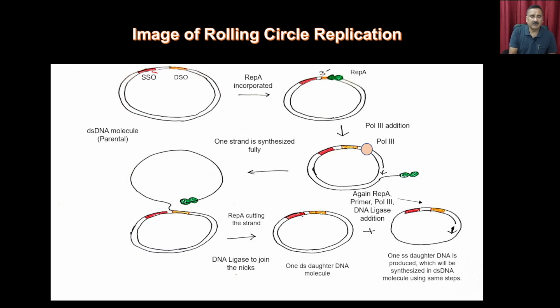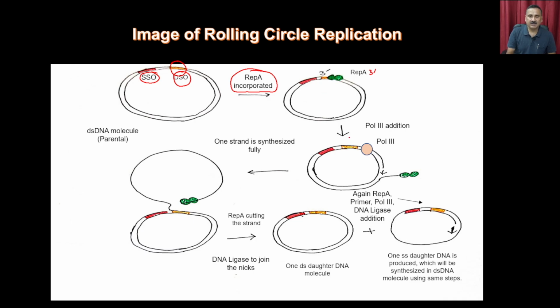You have the single stranded origin of replication and the double stranded origin of replication. In the initiation stage, RepA comes and binds to this particular portion and makes a nick. After making the nick, RepA binds the 5 prime end, whereas the 3 prime end is free.